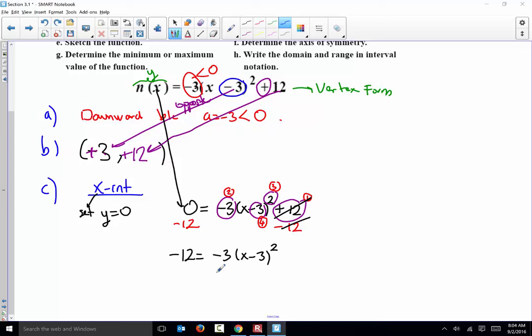Adding 3 both sides. Shall we add? No, it's multiplication. We shall divide. 3 goes into 12 how many times? 4. Okay, 2 guys are gone. There are 2 more to wipe off.